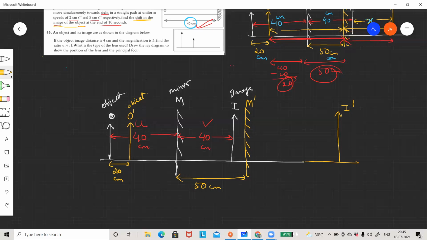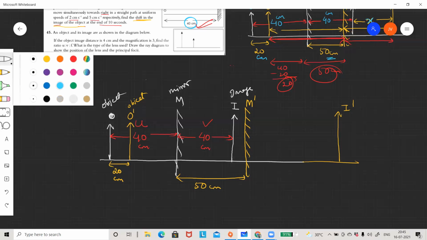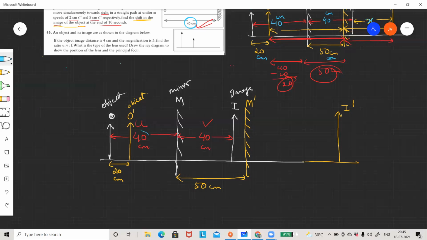Okay. Let's keep that in mind. Now you see, if this is 40, this full length is 40 and this is 20, then what is this distance? This distance is 40 minus 20, which means 20 centimeter.